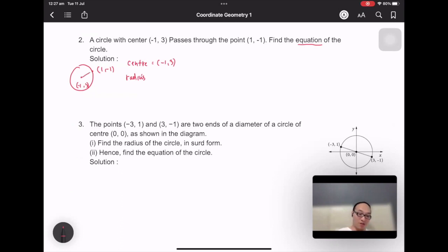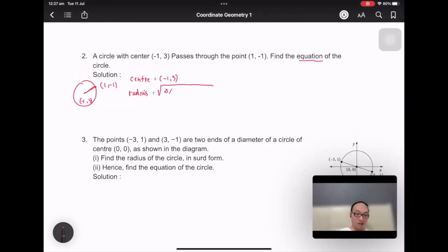So we can find the distance between 2 points using the Pythagorean theorem, delta x squared plus delta y squared. So 1 minus -1 squared plus -1 minus 3 squared, square root of 2 squared plus 4 squared equals square root of 20.